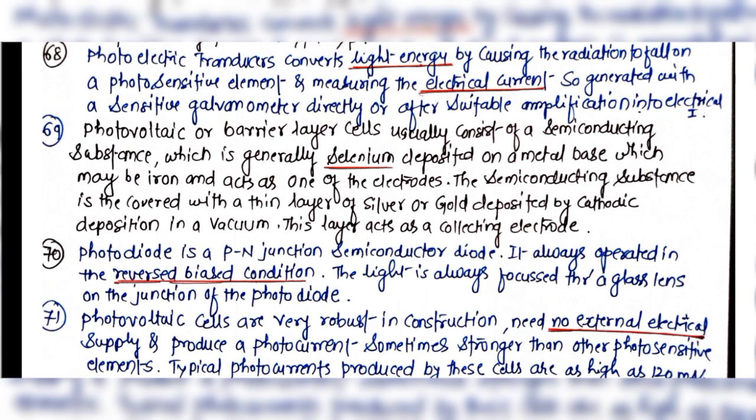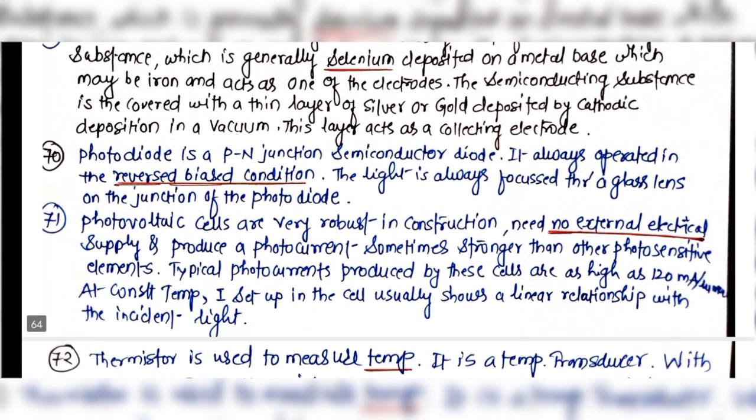Photovoltaic or barrier layer cells usually consist of a semiconducting substance, which is generally selenium deposited on a metal base, which may be iron and acts as one of the electrodes. The semiconducting substance is then covered with a thin layer of silver or gold deposited by cathodic deposition in a vacuum. This layer acts as a collecting electrode.